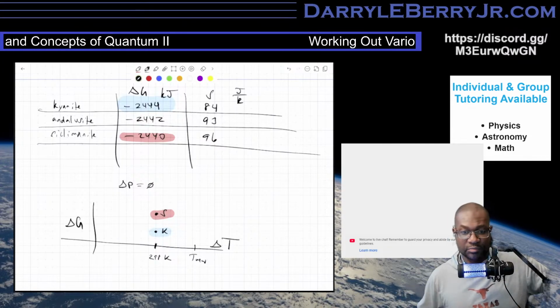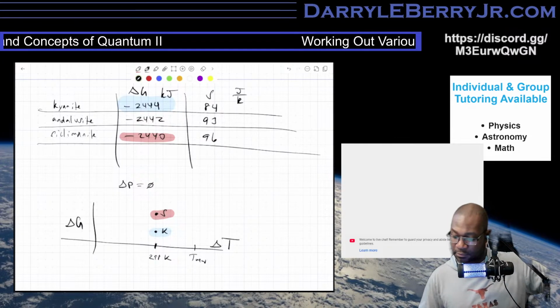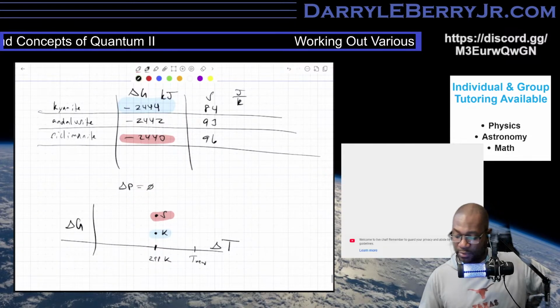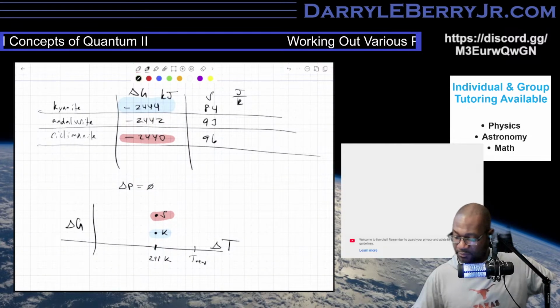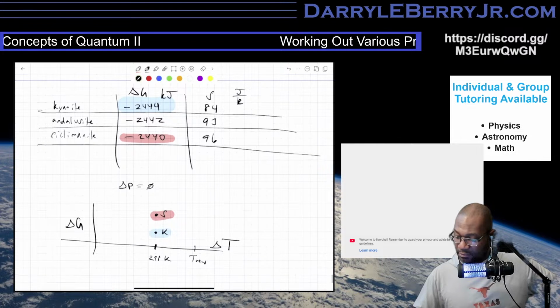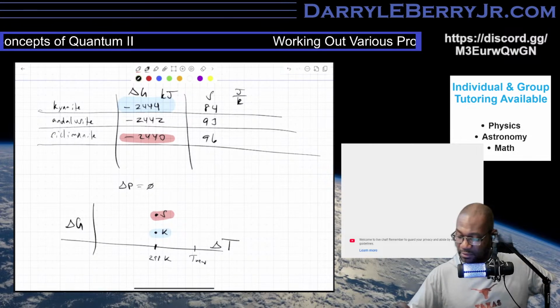So let's think about this momentarily. Oh, that's why I'm looking at G instead of S. So the slope is going to be negative entropy.